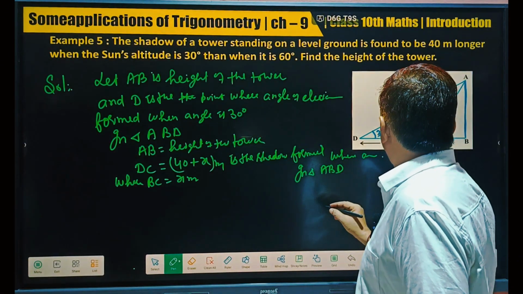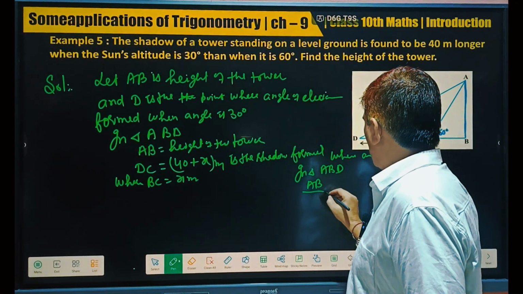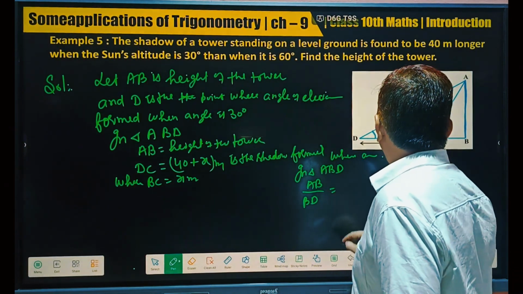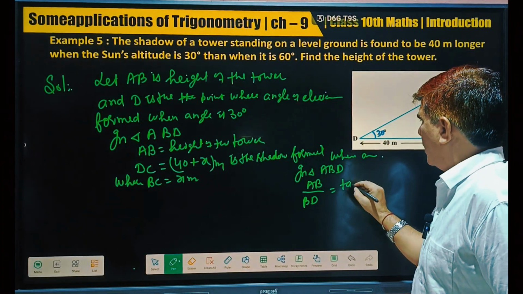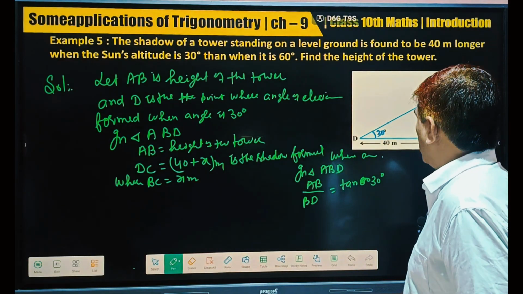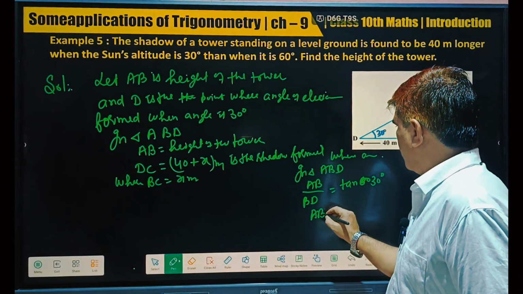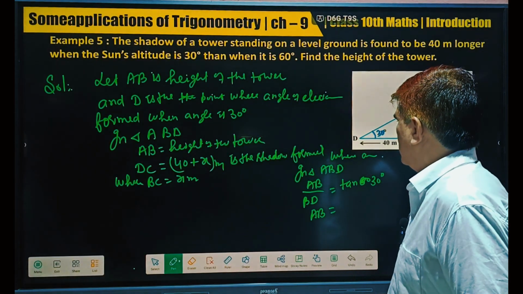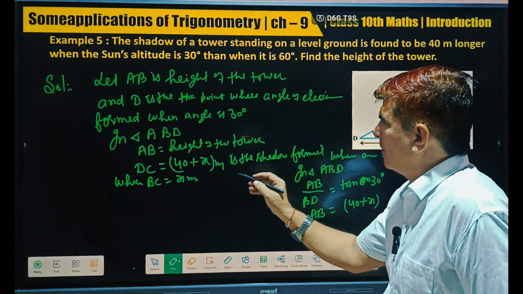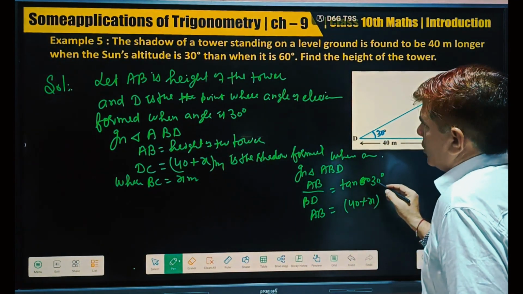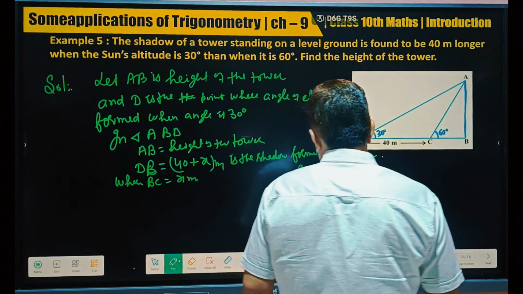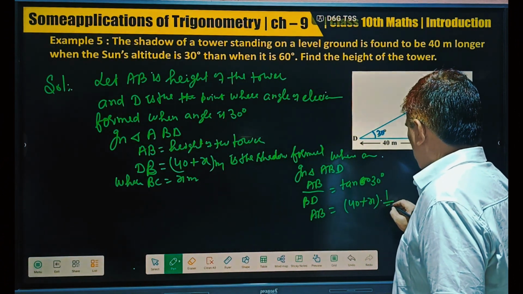So what can we say? AB by BD is equal to tangent 30 degrees. So AB equals BD times tangent 30, where BD is 40 plus x, and tangent 30 is 1 by root 3.